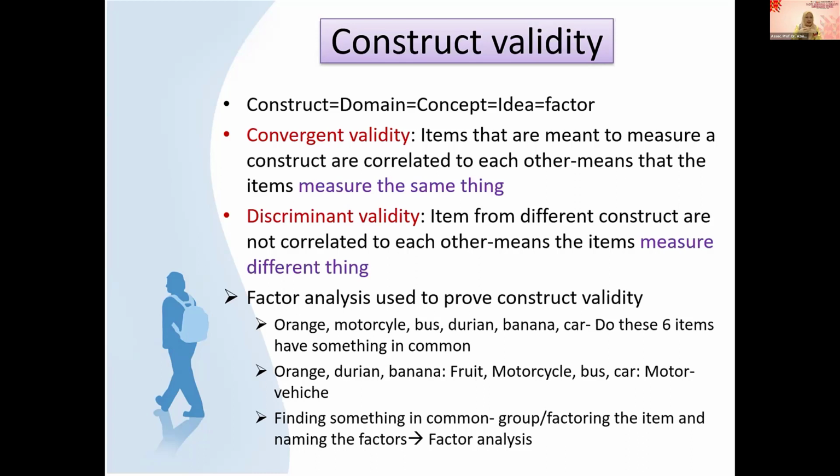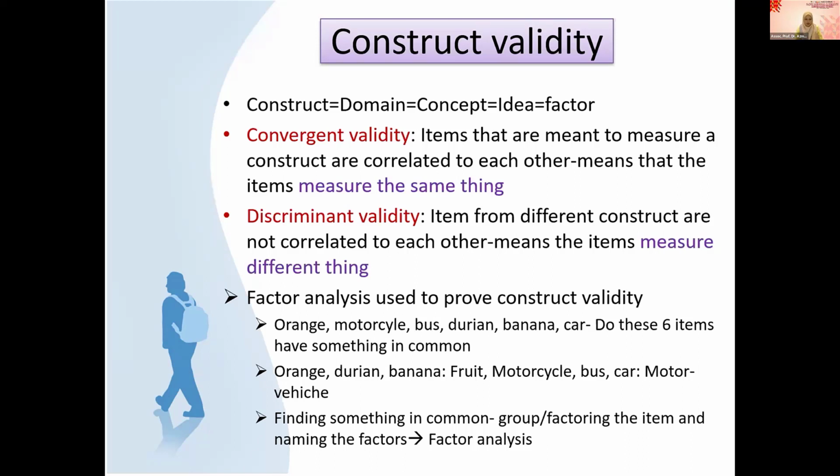validity. Okay, so the construct validity. Why do we call it a construct? The items are under one construct, or we call it a domain, or one concept, or one idea, or one factor. We tend to use factors, right? But for the questionnaire, we use construct, meaning one factor. Knowledge is one construct, attitude is one construct, practice is one construct.